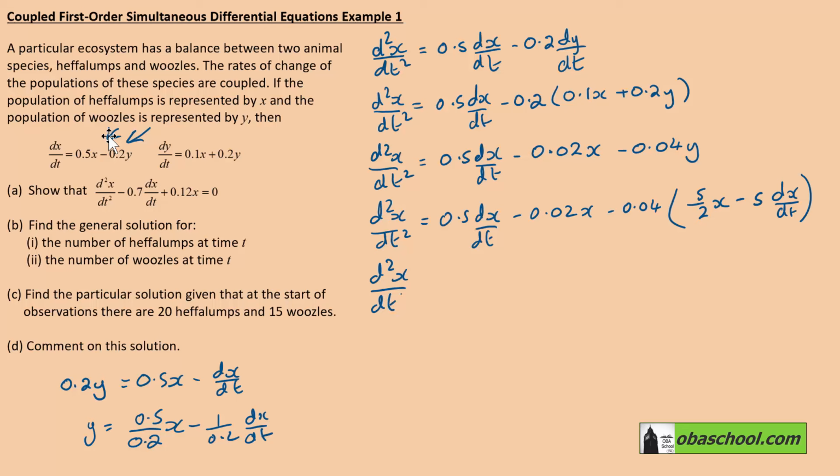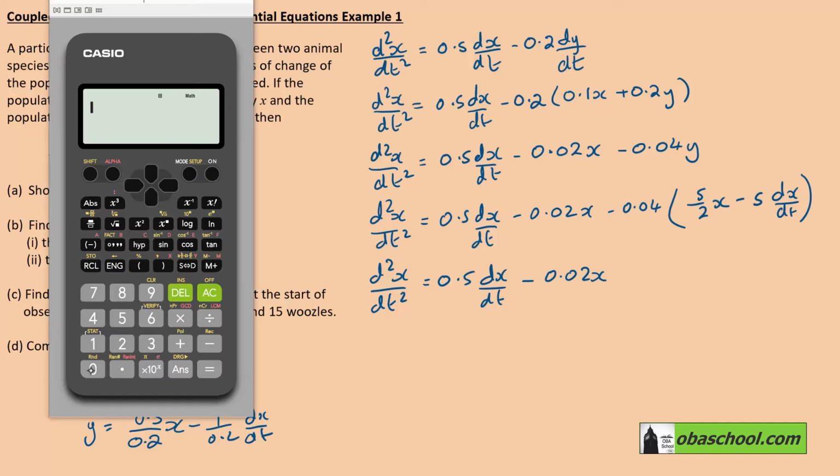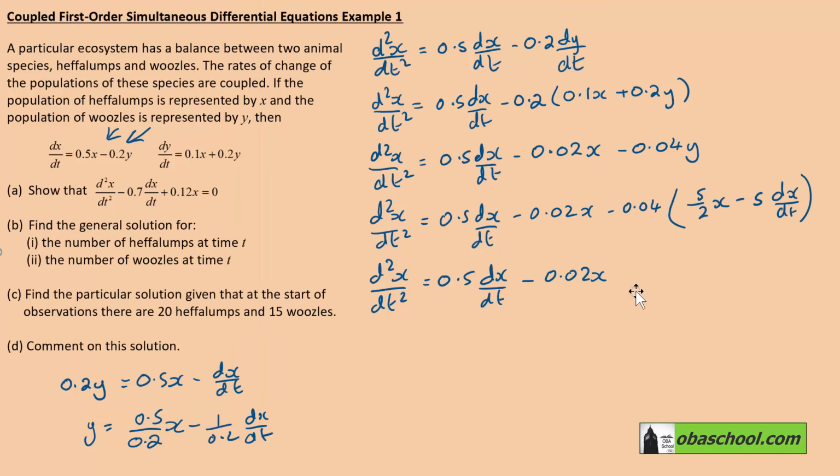So d²x/dt² is equal to 0.5 dx/dt, take away 0.02x, now 0.04 times 2.5 is 0.1, so I've got take away 0.1x, and then that one there will be 0.2 dx/dt.